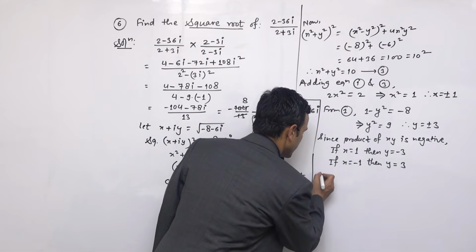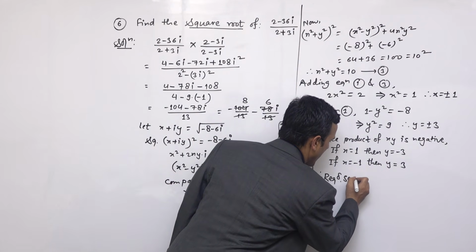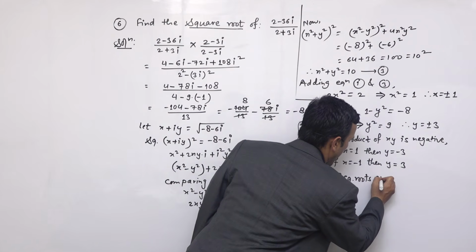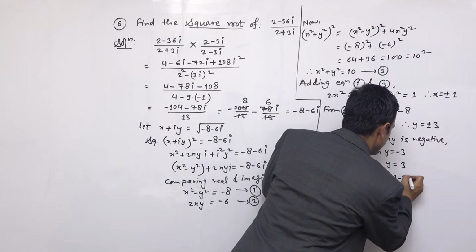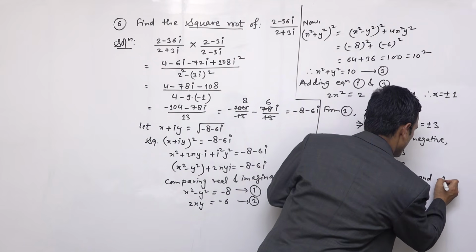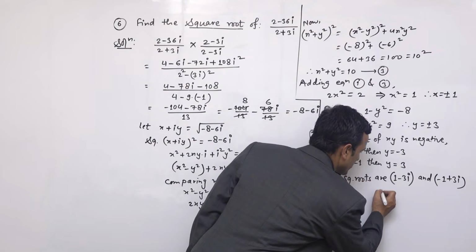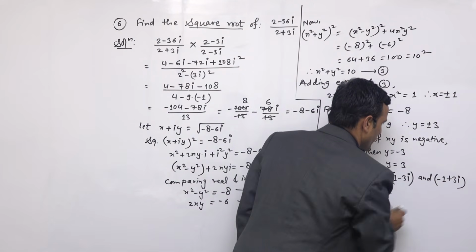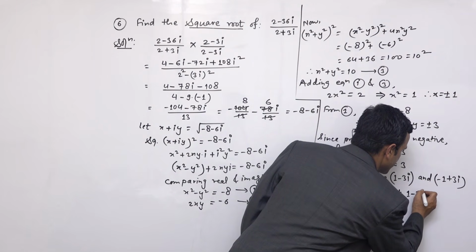त्यो हिसाबले the required square roots are 1 minus 3i, so one of this, and minus 1 plus 3i, this is another square root. So if you take minus common here, then it will be plus minus (1 minus 3i).